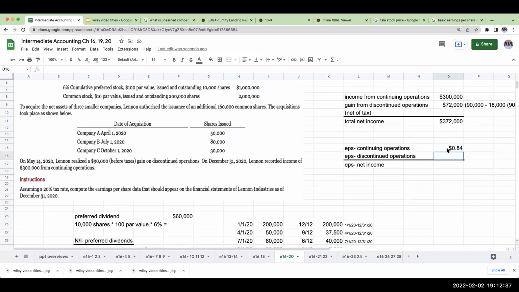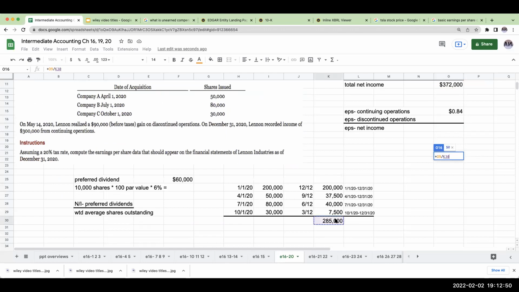For the earnings per share from the gain from discontinued operations, this is going to be 72,000 divided by the weighted average shares outstanding, or roughly about 25 cents per share. And then over here, when I add up these two amounts, I get $1.09. So that's how we're going through and figuring this part out.